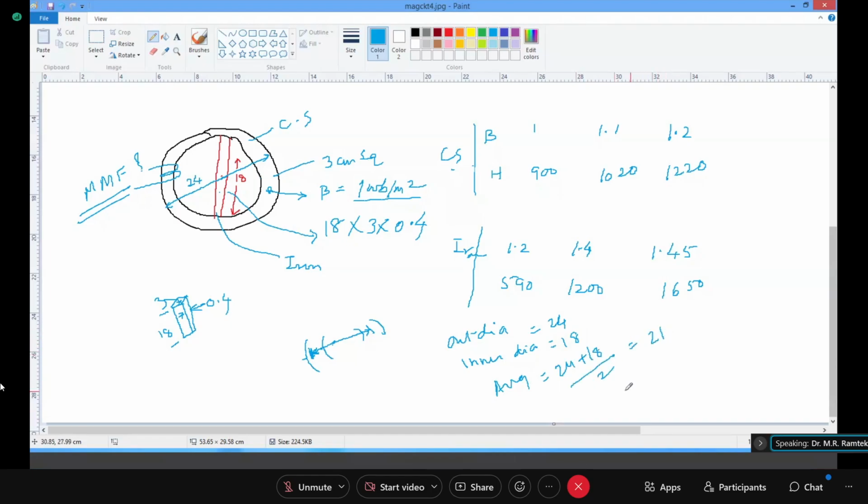So length will be pi into d average, which comes out to be 66 centimeter. Am I right? Okay. So here the length of the half of the ring will be, what will be the length? Length of the ring 2 pi d by 2, 33.